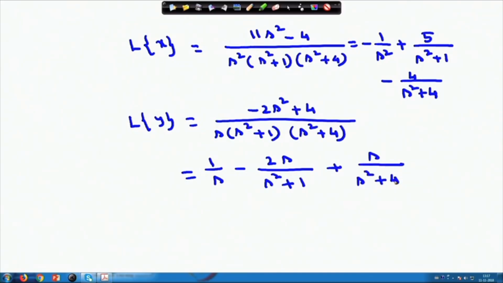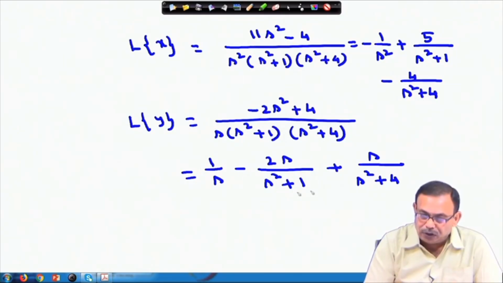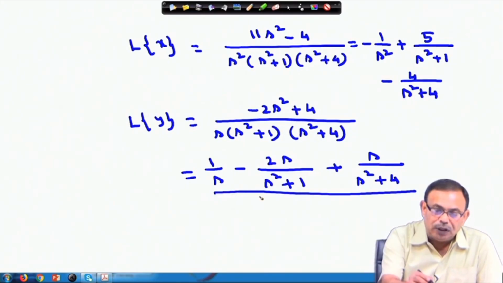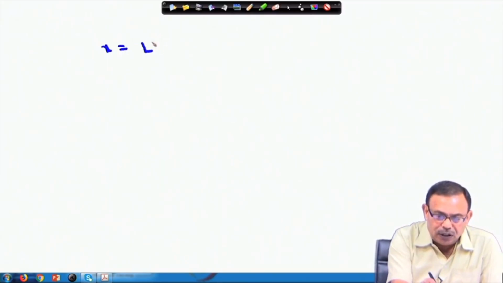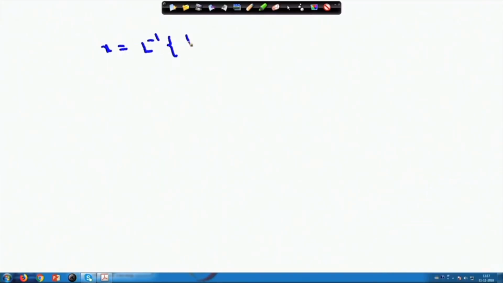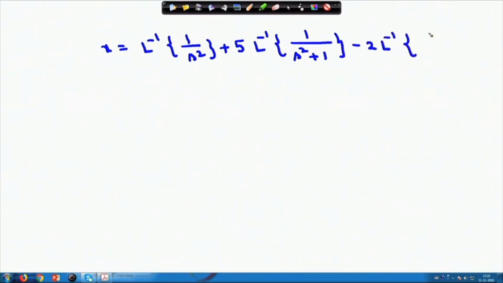Once I obtain this, I can tell what x and y would be. x will be the Laplace inverse of this term and y will be the Laplace inverse of the other term. So, in the next step, x equals Laplace inverse of 1 by s square plus 5 into Laplace inverse of 1 by s square plus 1 minus 2 into Laplace inverse of 4 by s square plus 4.